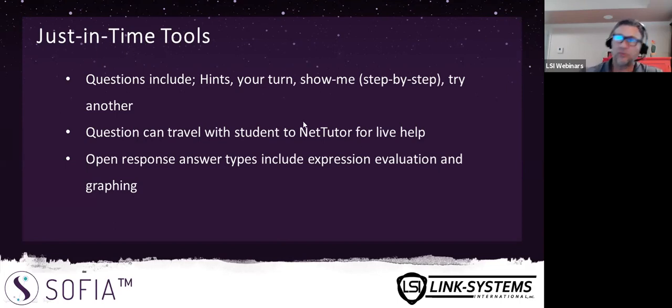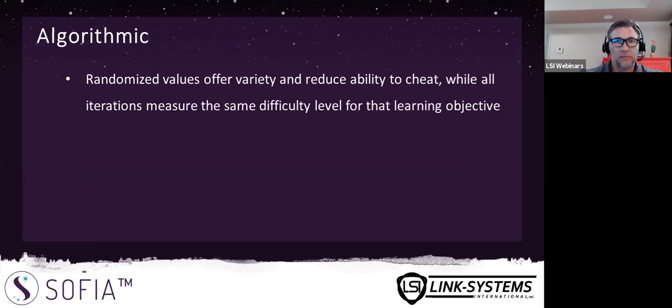We also have NetTutor tied into Sophia. So if you're a NetTutor partner, you can add a live help button for students if they're truly stuck. And then if you're not a NetTutor partner, we do have some bundle pricing, so you can get a couple of hours of live help for your students as well. So our answer types: open response answers, expression, evaluation, and graphing.